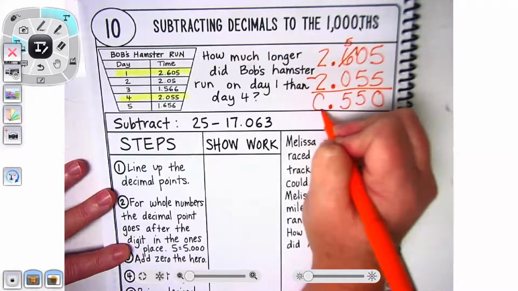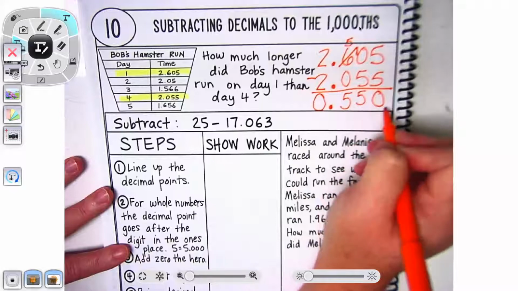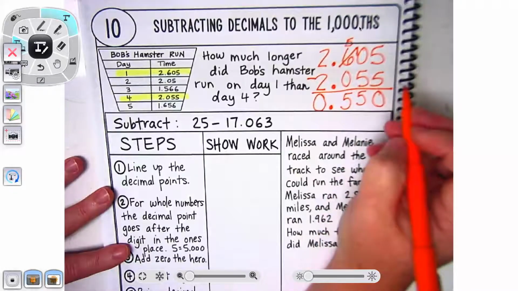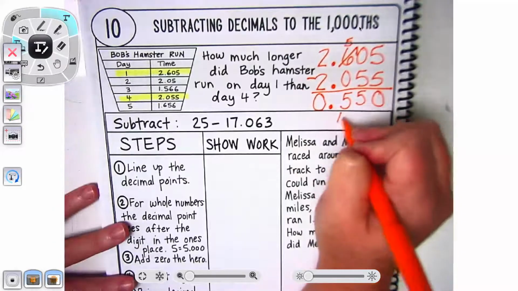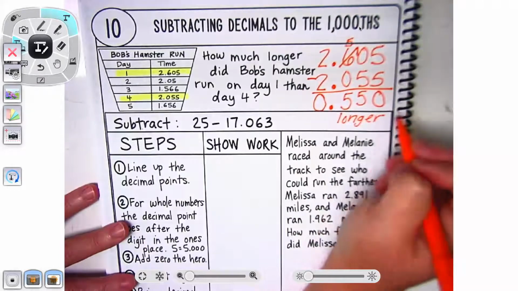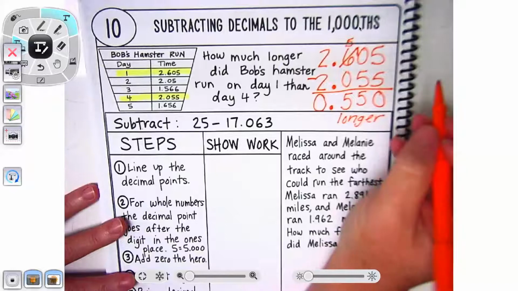So we have 550 thousandths longer. So that's how much longer Bob's hamster ran on day 1 than day 4.